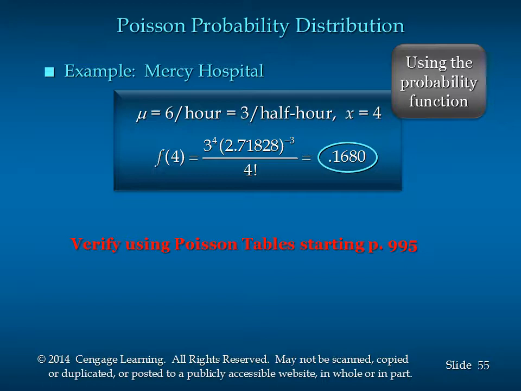This is the mindset of the decision makers when they're trying to decide whether to staff up or just accept that more people are going to be waiting in line. Yes, sir, Shane.